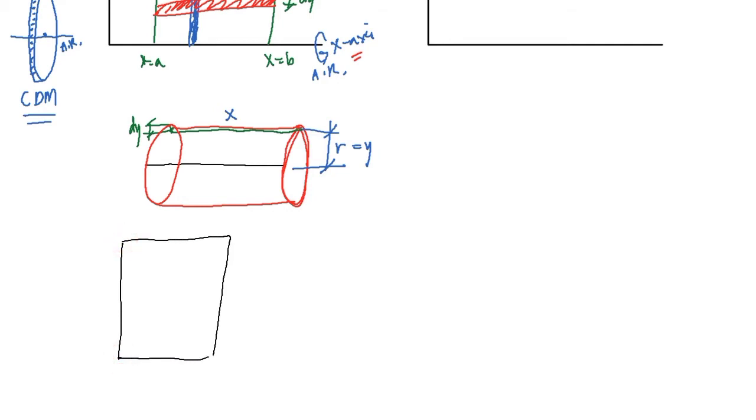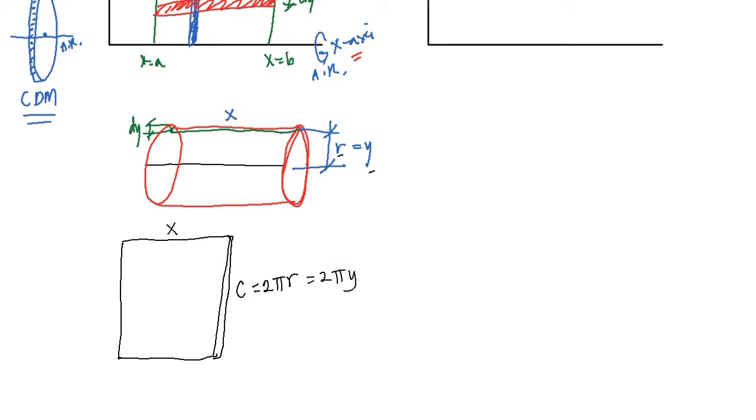In this rectangle here, ito yung distance x, ito yung length na to. Ito yung ating circumference, wherein that circumference here is equal to 2 pi r. But our radius here is equal to y, so we have here 2 pi y.